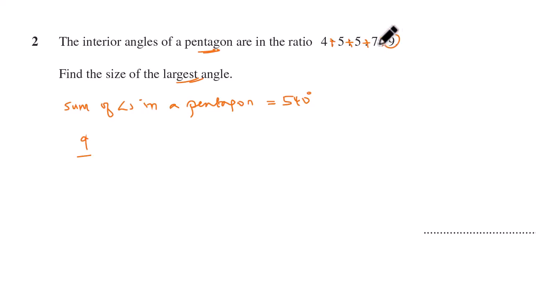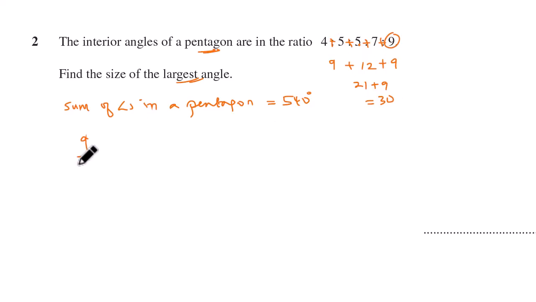So this is 4 plus 5, that is 9. 5 plus 7, that is 12. Then 9, then add this again, this is 21. Then plus 9, that is 30. So the sum of ratios is 30.